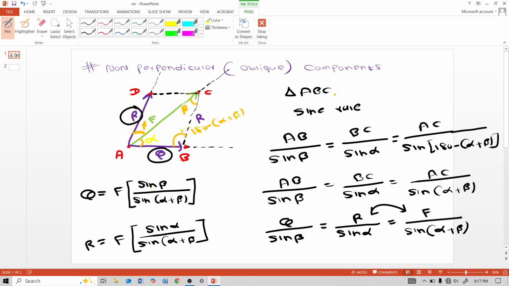Q is equal to F into sine beta upon sine of (alpha plus beta), and F is the same in the Q component and the R component. Only beta and alpha are different. If you calculate the Q oblique component, take beta in the numerator, and if you calculate the R oblique component, take alpha in the numerator.